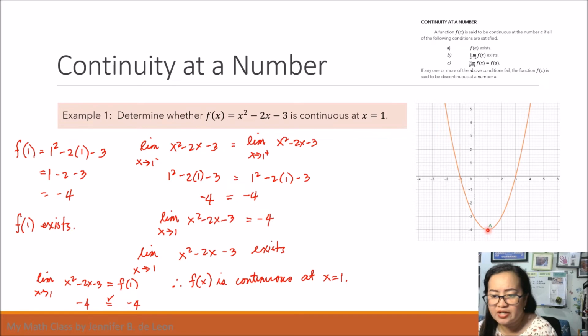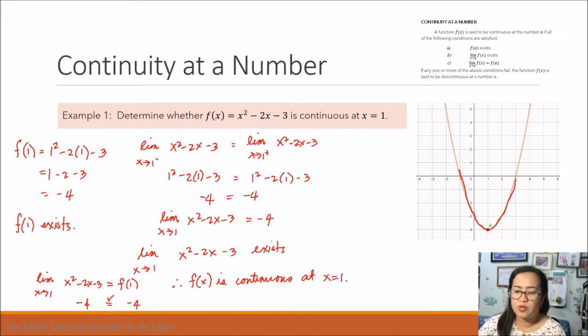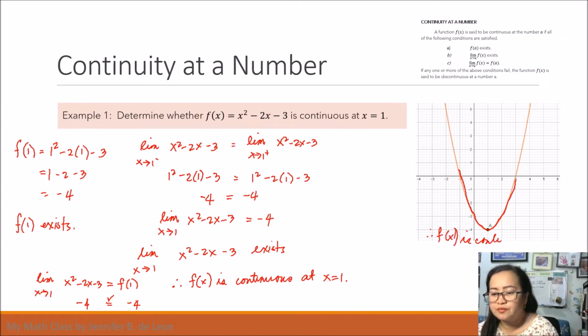Now if we trace the function, we can see that we can pass through this point without lifting our pen. Hence, we can say that f of x is continuous at this given number, x equals 1. Is this clear? Now let's move on to the second example.